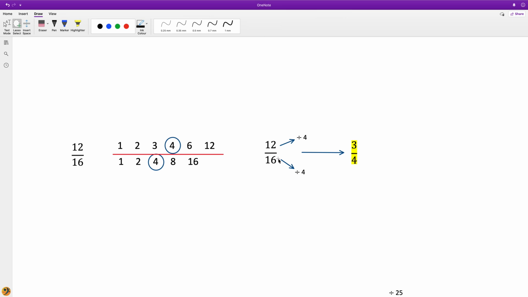Okay, and then the denominator, 16, we divide by 4, and 16 divided by 4 gives us 4. So our final answer is 3/4. Okay, because 3/4 is the simplest version of 12/16.